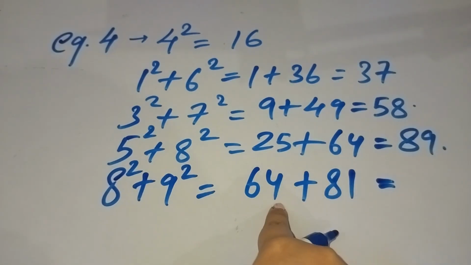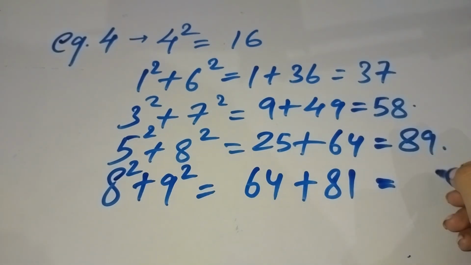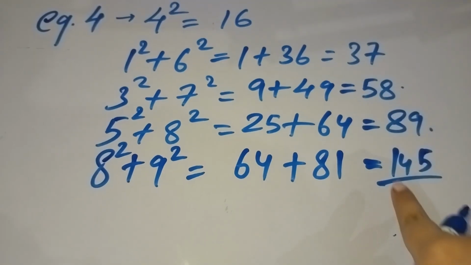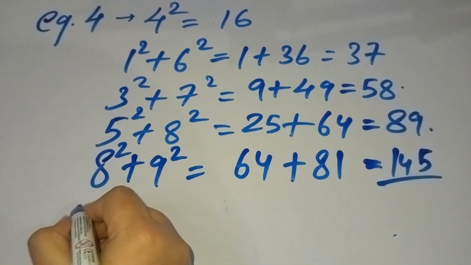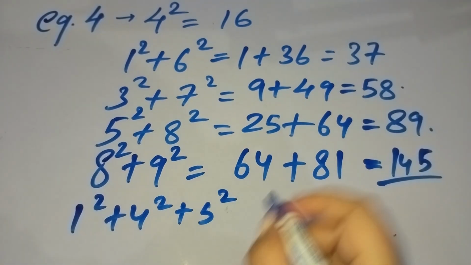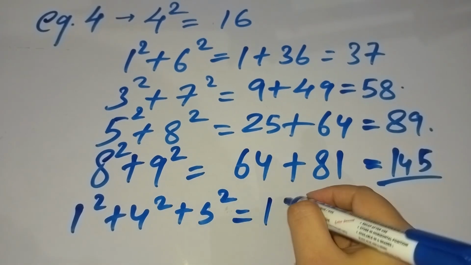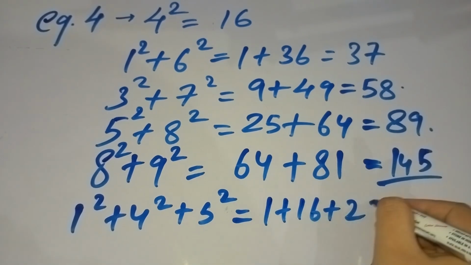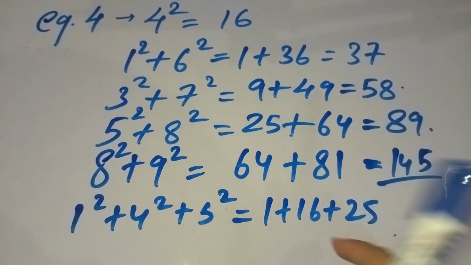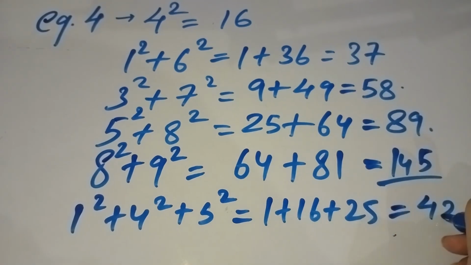So after adding these numbers we'll get 145. Now we'll do 1 square plus 4 square plus 5 square. So 1 square is 1, 4 square is 16, 5 square is 25. So after adding these numbers, we'll get 42.